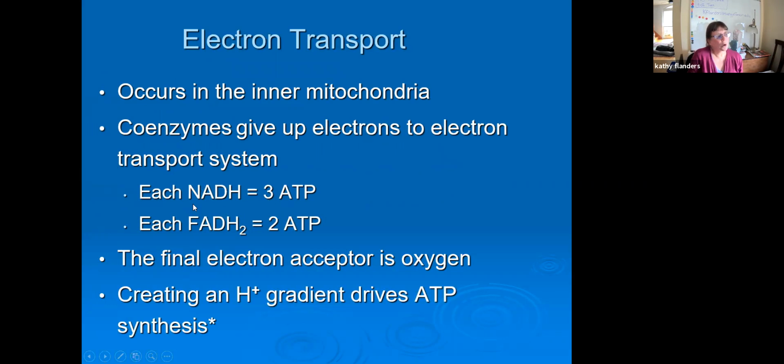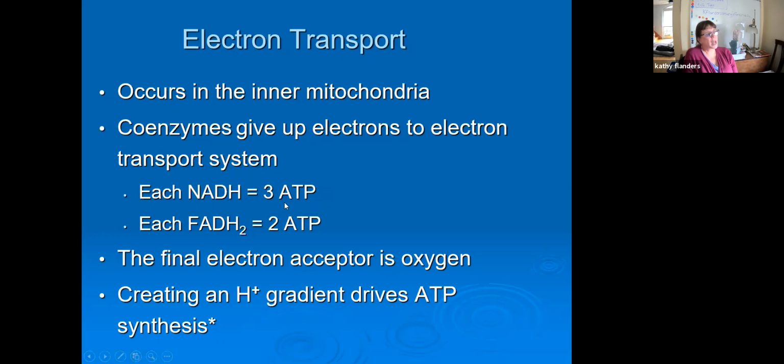And if we actually had to, which you won't have to, you could go back and look at each of those NADHs. For each NADH, each electron carrier, you could calculate how many ATP come from that.